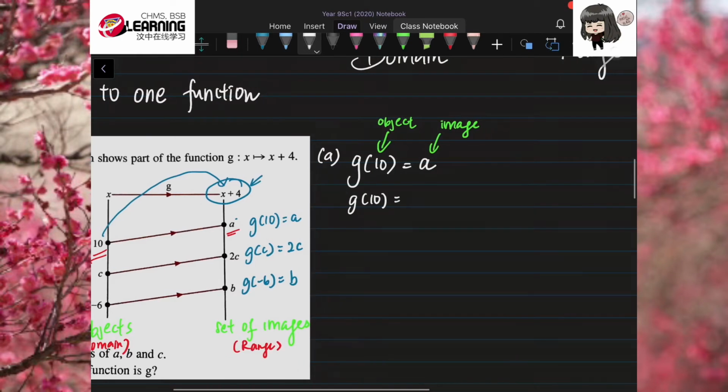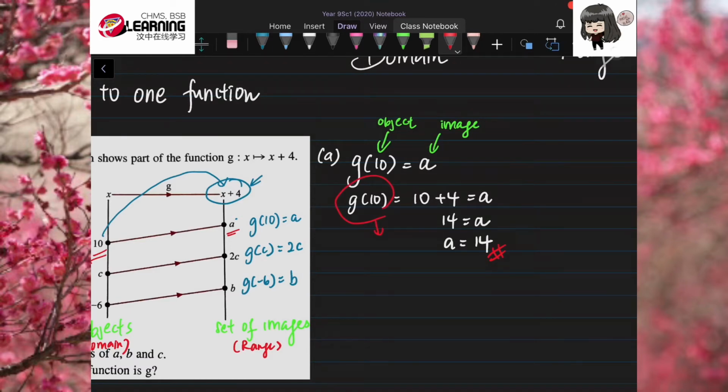When we sub into the function x plus 4, we get 10 plus 4. So a is 10 plus 4, which is 14. So that is your answer. a is equal to 14.